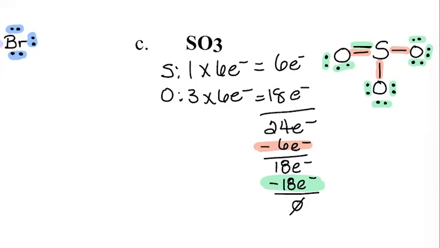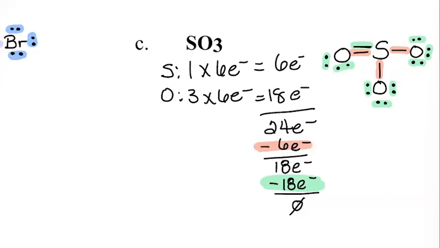Because when we did the calculations, it's 1 times 6 is 6. No, sulfur doesn't need 6 electrons. Sulfur is contributing its 6 valence electrons for bonding in the Lewis structure. Sulfur wants to have an 8 electron sharing system to achieve noble gas configuration. So that is very different.